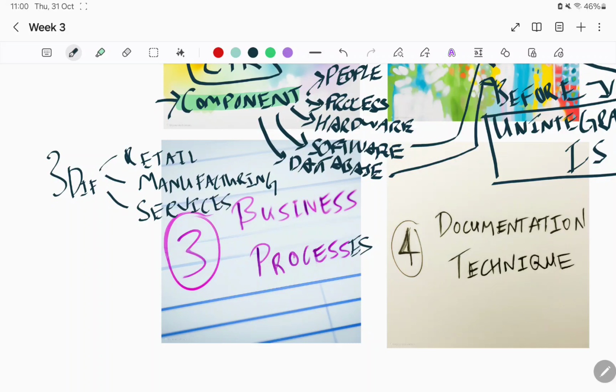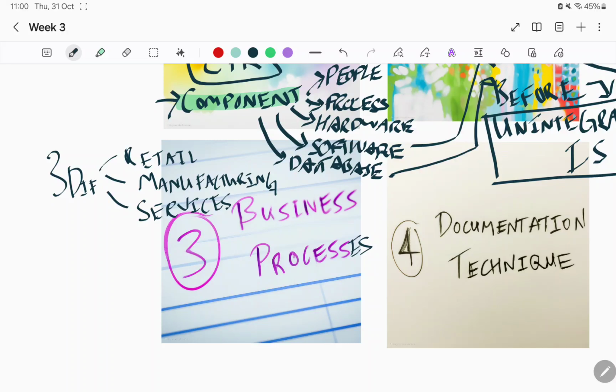Okay, we have three different types of businesses that we look at, and in these three different types of businesses, we want to understand the business processes inside each of these in a general overview.